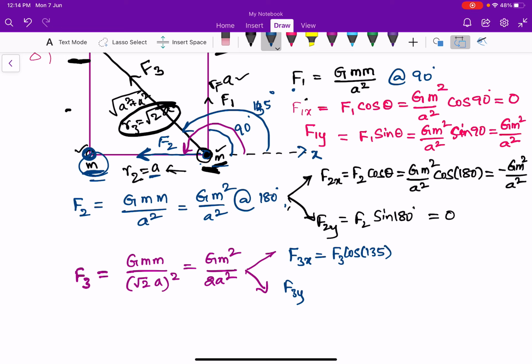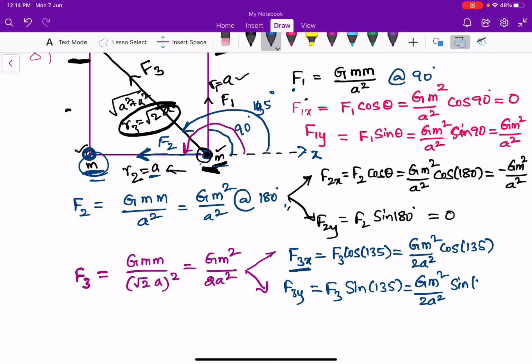F3 is G m square by 2a square into cos 135. Similarly, F3y is nothing but F3 sin 135. So here F3 is G m square by 2a square into sin 135, which is 1 by root 2. Okay, so you will get the answer.